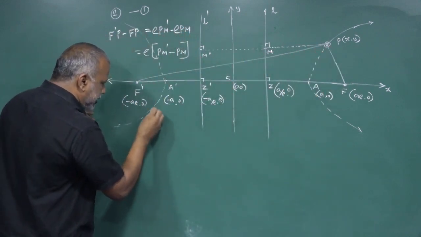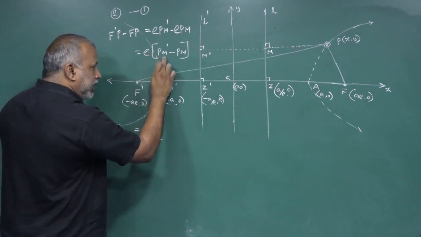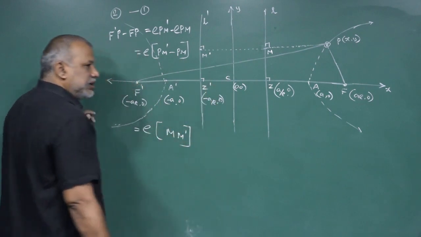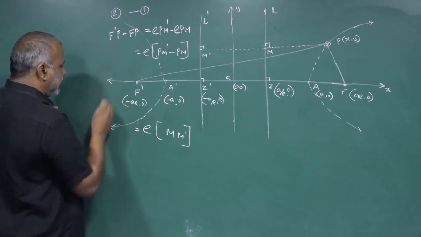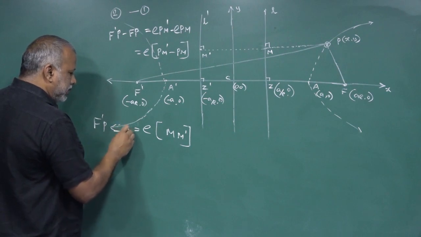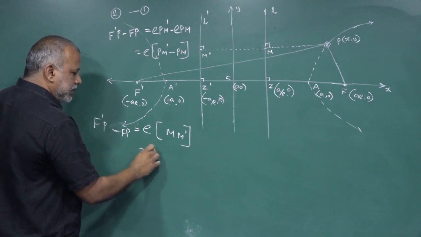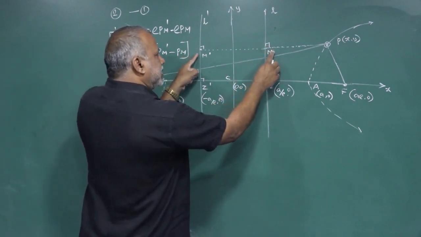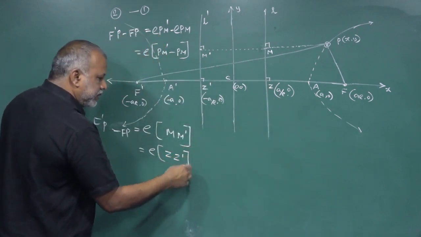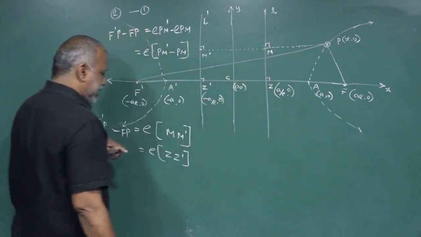So E is already taken out common, and PM dash minus PM is nothing but MM dash. In your LHS you already have F dash P minus FP. So E times MM dash. This MM dash can be written as Z dash.